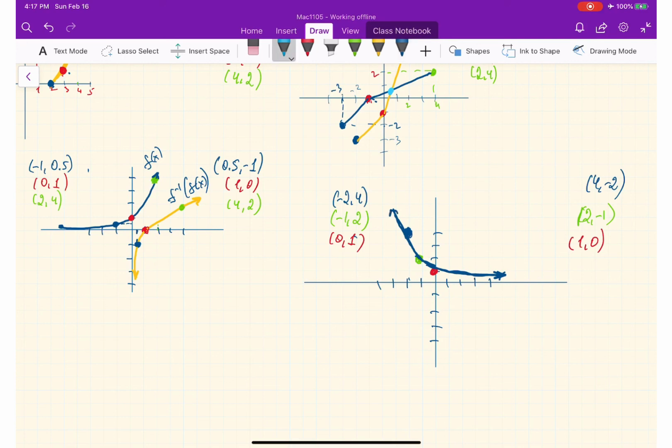Okay. Now let's go with the inverse of this.